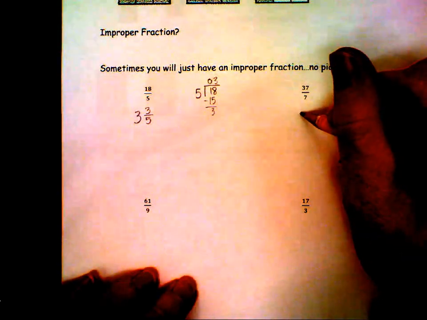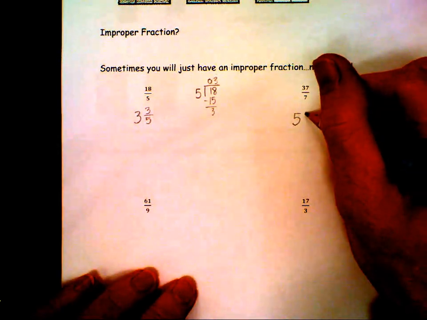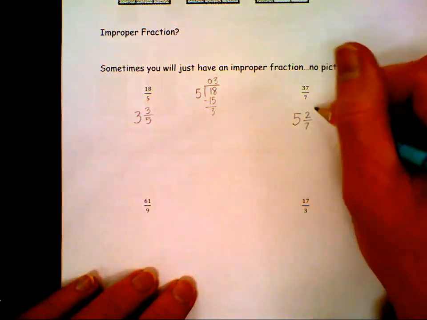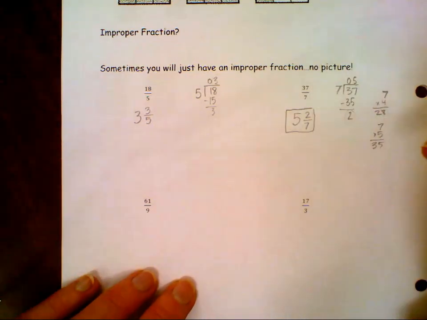So I know I can add at least 7 more. So 7 times 5. That gives me 35. That is the closest I will get because the difference now is only 2. 37 minus 35 equals 2. Again, my remainder is going to be my new numerator, and my quotient is my whole number. So we have 5 and 2/7 as our mixed number. And I forgot to box my answer over here.